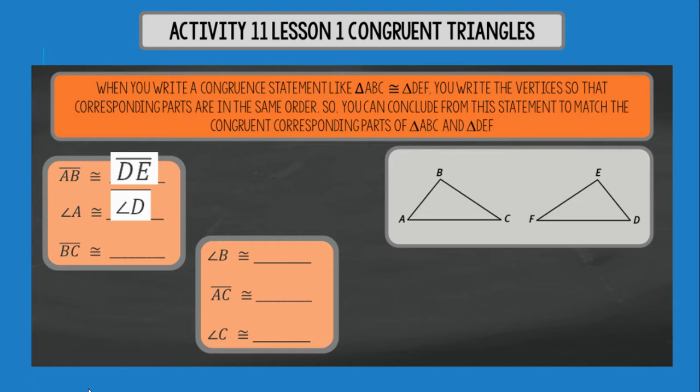BC. BC is located in the second and third position. So it's the same as EF.